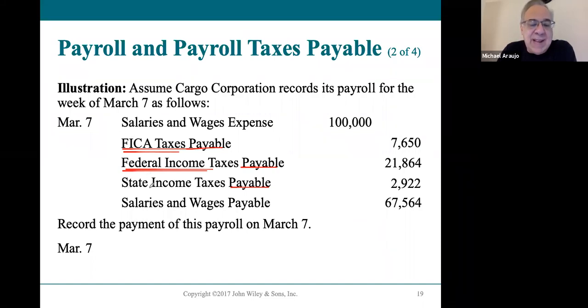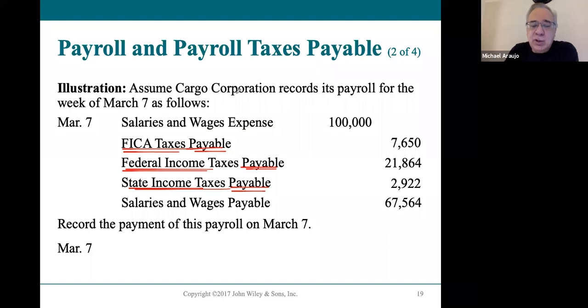And then the state income tax is required withholding if you live in the state of New York and you pay income taxes. All of those are withheld from your paycheck, but the company has to set up liability accounts, payables, to show that they are going to be paid out, because it's not the company's money.